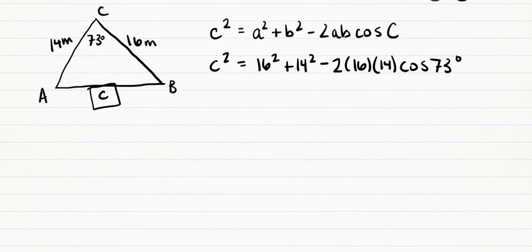Okay. Now, in order to solve for just side C, right now we have C squared equals all of this. So in order to solve for just C, we take the square root of both sides of this equation. So side length C is going to be the square root of all of this.